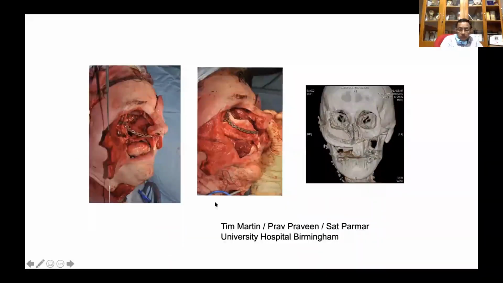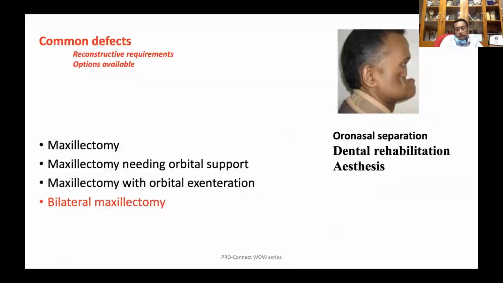This was a slide borrowed from Satbir Parmar, using an entire iliac crest to support the orbit, and then you use the muscle to cover the orbit as well as the palate. So again, the advantage is that you can use an ocular prosthesis.